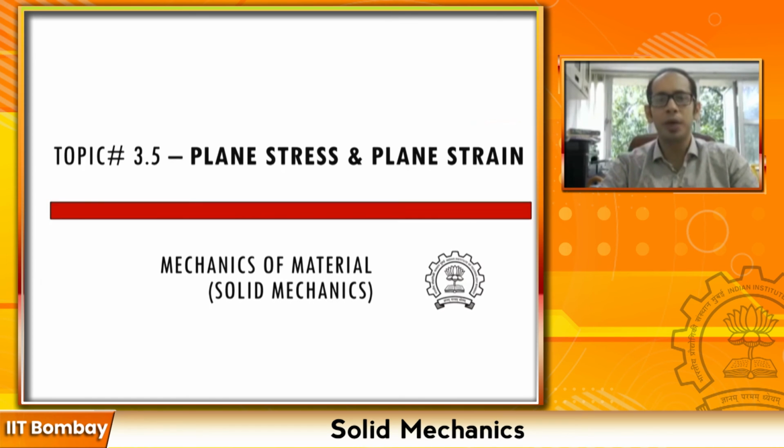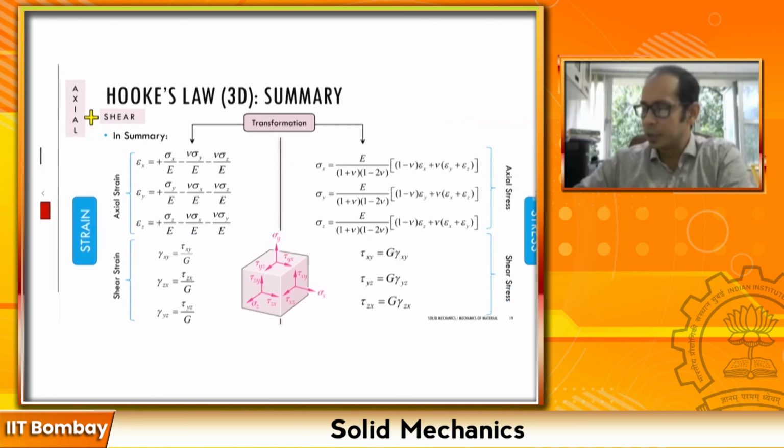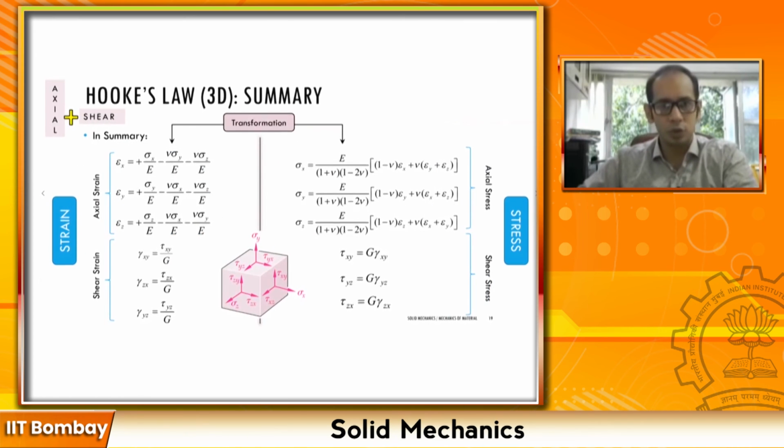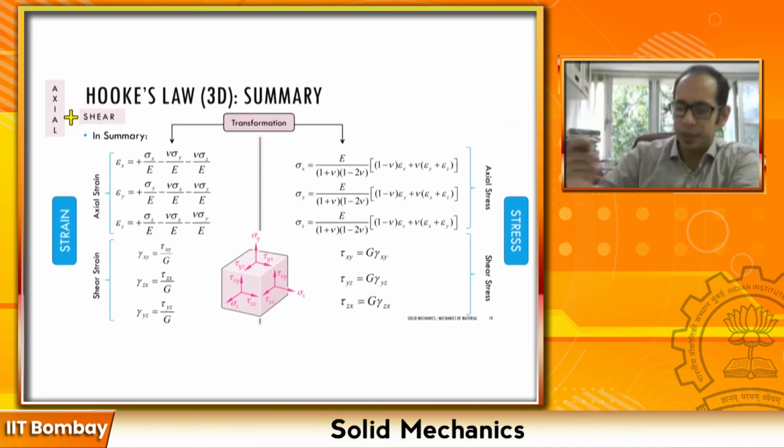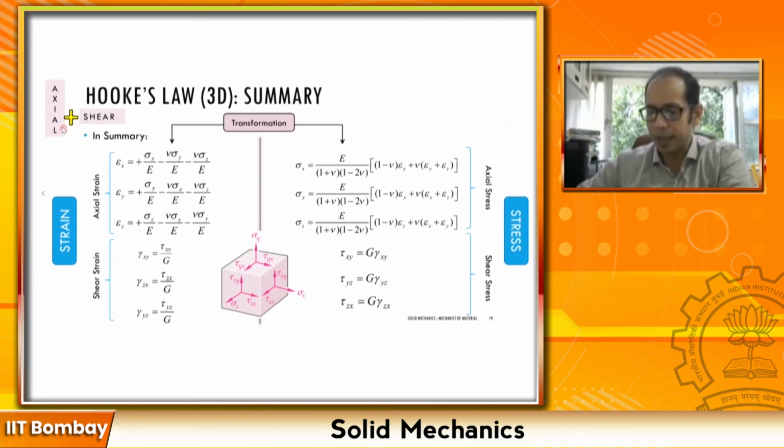Now, before we go ahead and do that, I just want to jog your memory on the 3D version of Hooke's law that we looked at, right? This is what we covered in the previous lecture, when we have both the axial case as well as the shear case. In that instance, I can write my axial strain as these three primary axial strains, and these are the three primary shear strains.